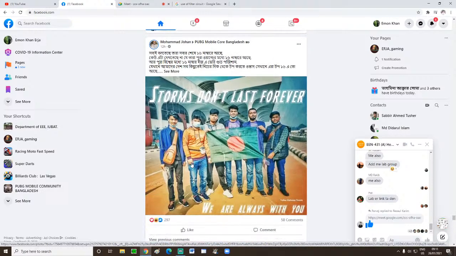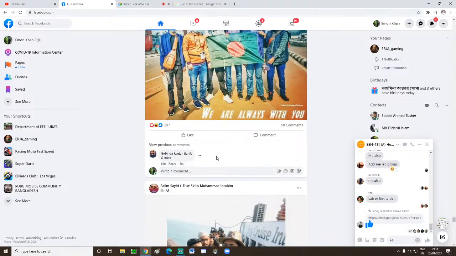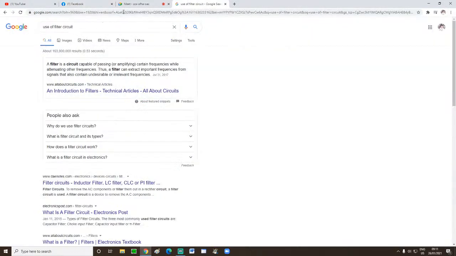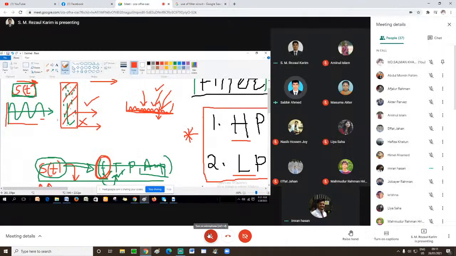Can it pass through or not? It depends on the filter type, and on what you are giving here, that is, on the frequency.